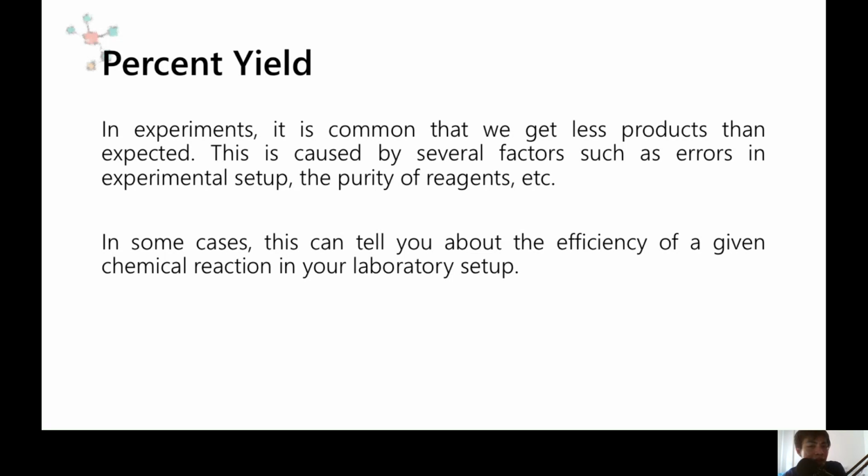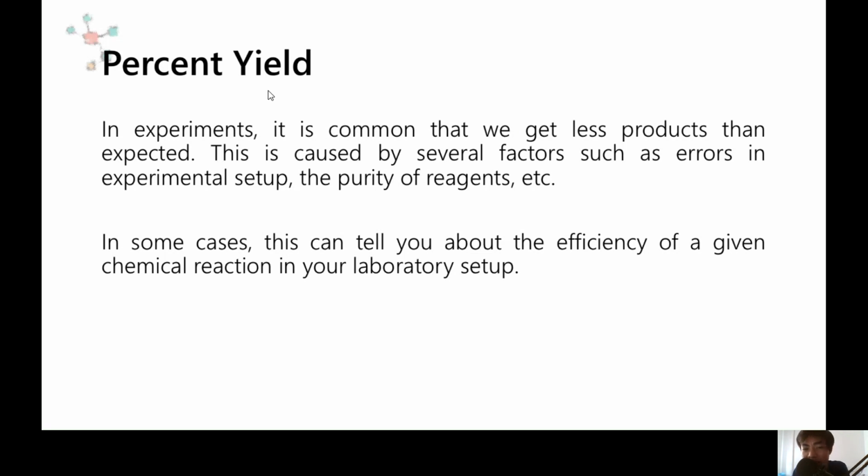Kunwari, ang kailangan sa experiment, lagyan mo siya ng takip. Ay, tinanggalan mo ng takip. So, magbabubble out yung mga reagents, may mag-escape. So, that will give you lower amounts of products than expected. So, yun yung mga factors that affect the yield.